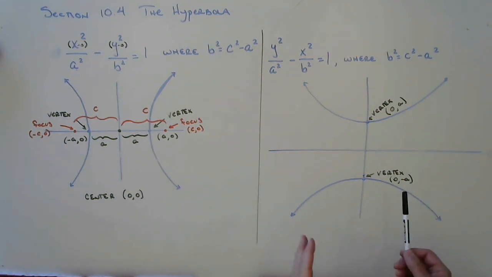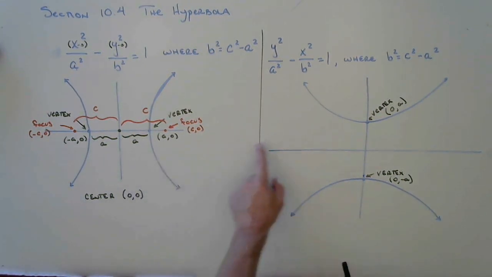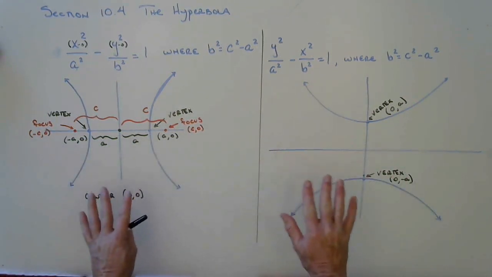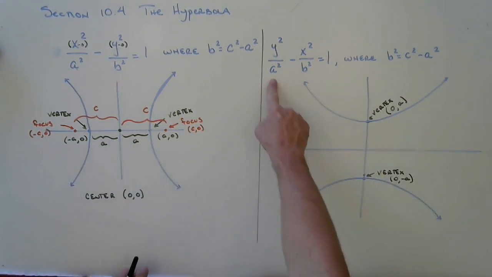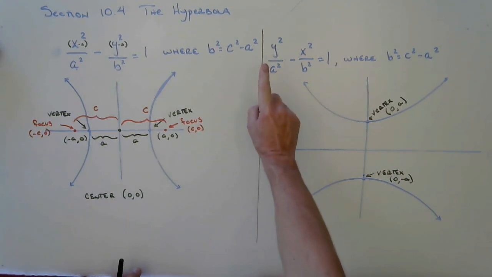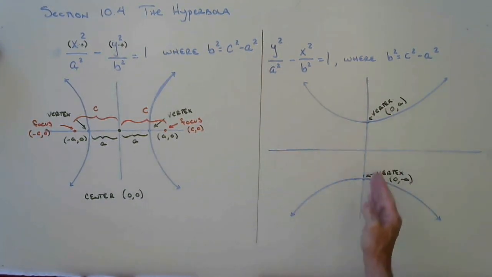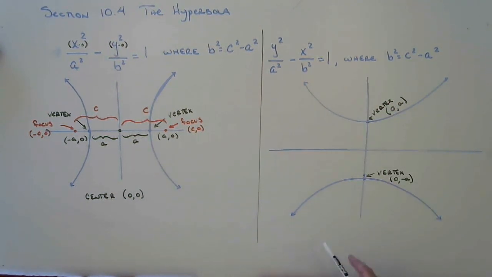It may be the x that turns out to be a over here. It may be the y that turns out to be a over here. It's easy to tell the difference. You just think to yourself, this one opens up and down. So the a is under the y, so I'm going to have it on the y-axis. So here my transverse axis is going to be the y-axis.